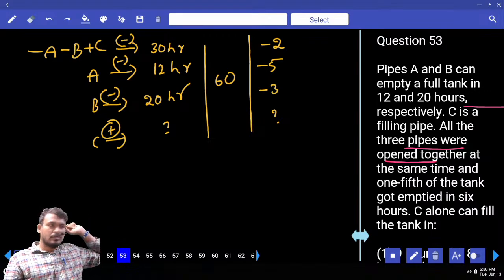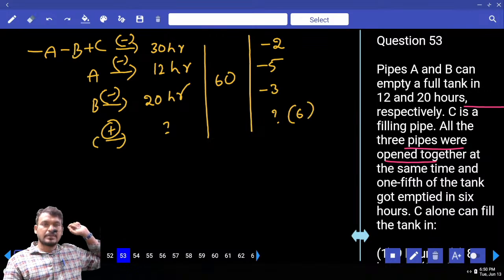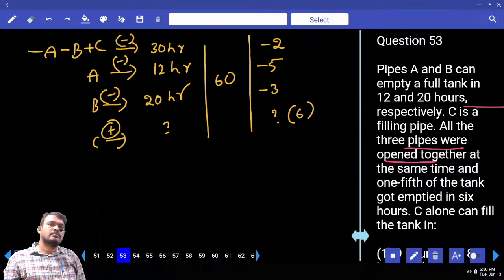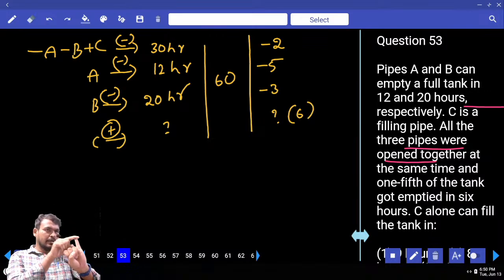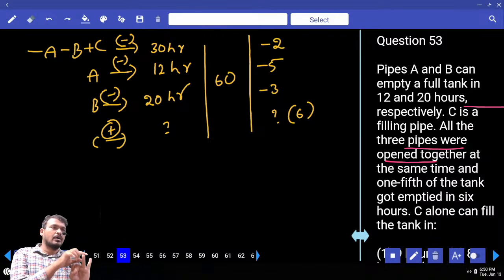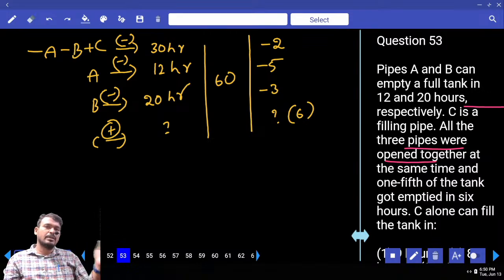Minus 2. Means something must be plus 6. Inlet A 5 liters. Outlet A 5 liters. Outlet B 3 liters. But when all the 3 pipes function together, how many liters are emptied? 2 liters. Means C must be how many liters? 6 liters.